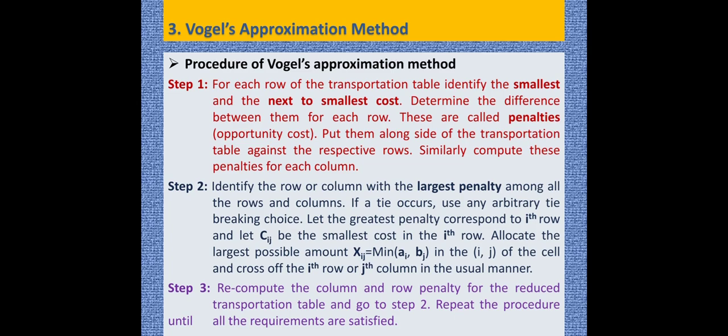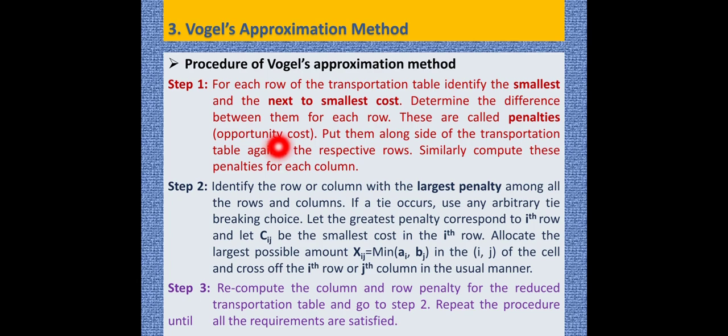The procedure of Vogel's approximation method is as follows. Step 1. For each row of the transportation table, we have to identify the smallest and the next smallest cost and determine the difference between them. That is, the difference of the smallest and next smallest cost is calculated, and these are called penalties or opportunity cost.